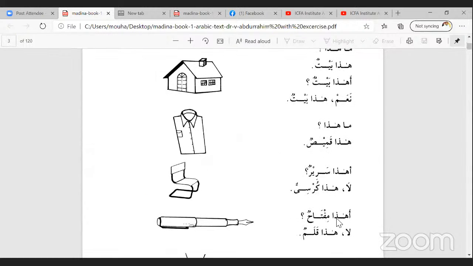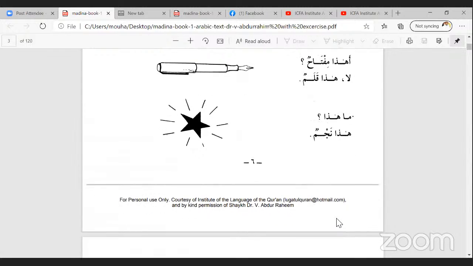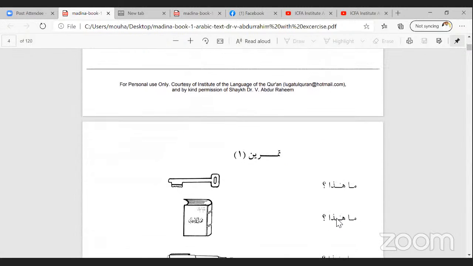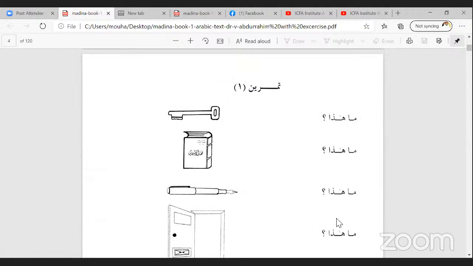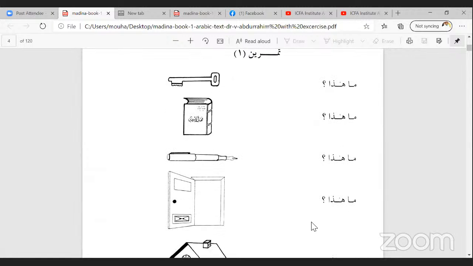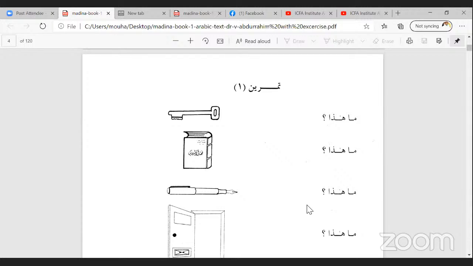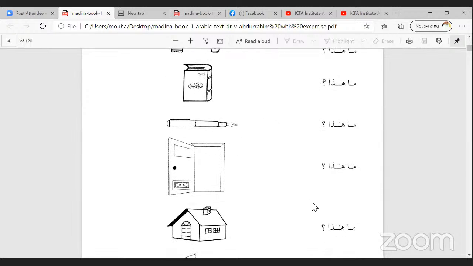All right. So we have Tamrin 1. I'm just going to show it to you and you do it. Tamrin 1, ma hadha, ma hadha, ma hadha, ma hadha.